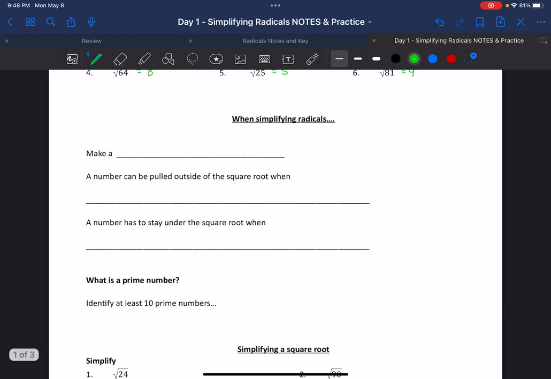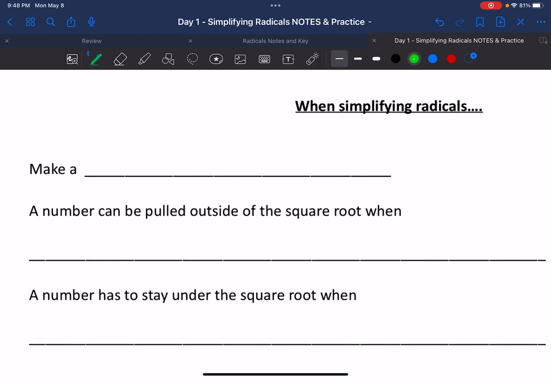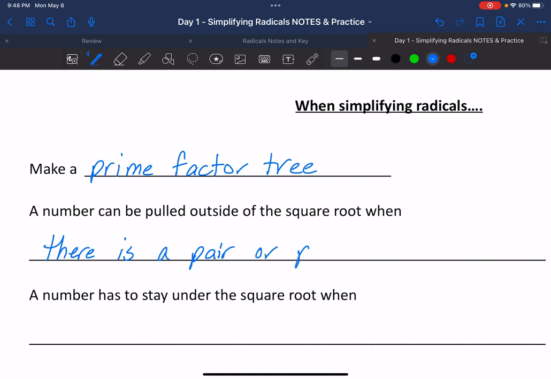All right, when we're simplifying radicals, you are going to make a prime factor tree. That's where we break things down to the very smallest prime factor in terms of numbers. A number can be pulled outside of the square root when there is a pair or perfect square.